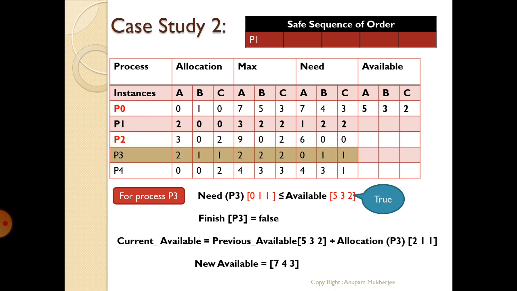The need of P3 is 011, which is less than or equal to system availability, that is 532. The answer is true. So we update the system availability by previous availability plus the allocation of P3. The new availability will be 743 and P3 is the second element of the safe sequence of order.